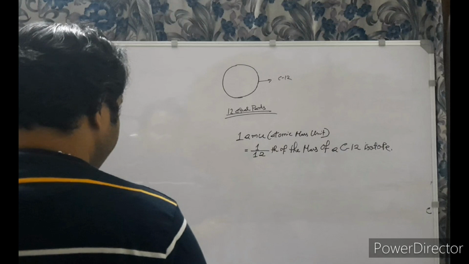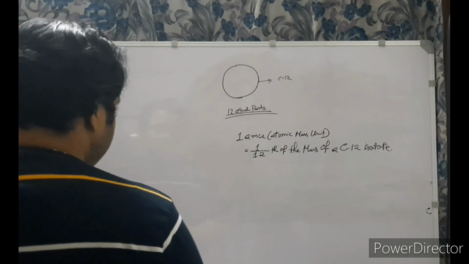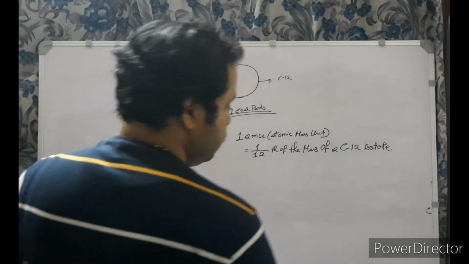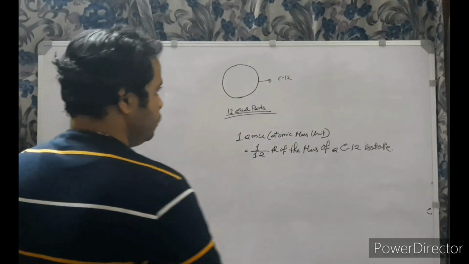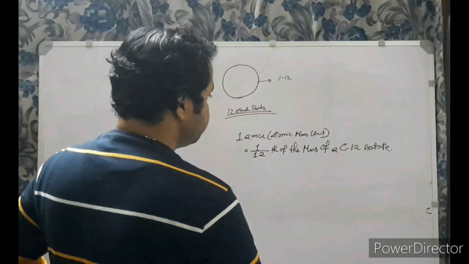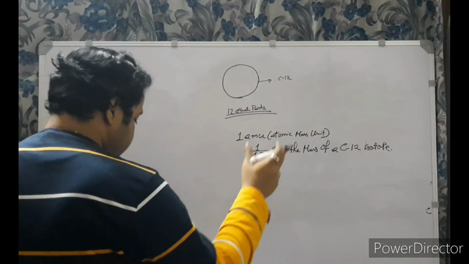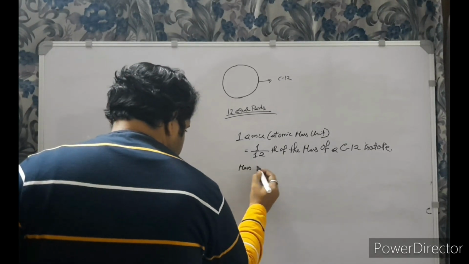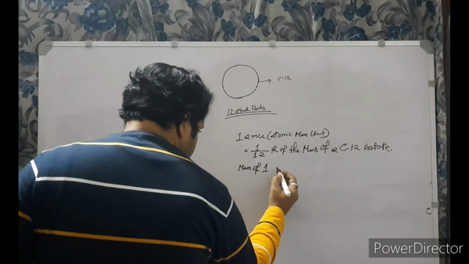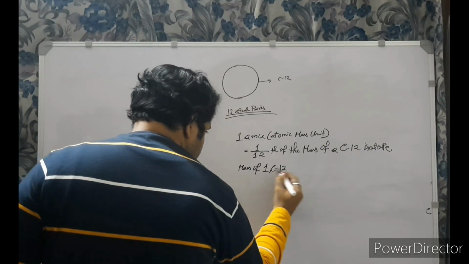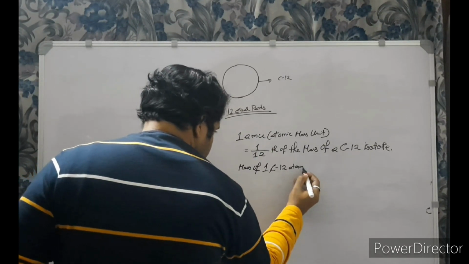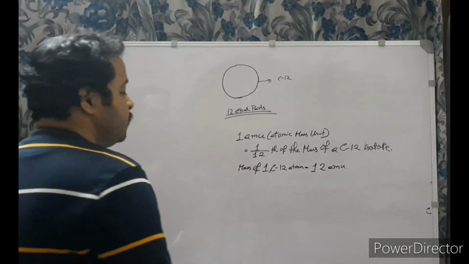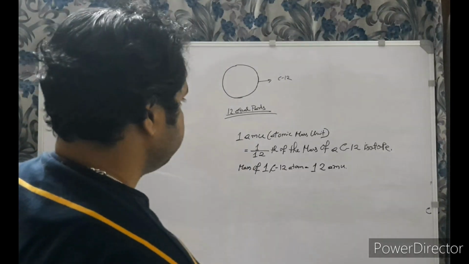So this is defined as one atomic mass unit. This is measured to measure the mass of other elements like oxygen. So what does this mean? This means that mass of one C12 atom is equals to 12 AMU, right?